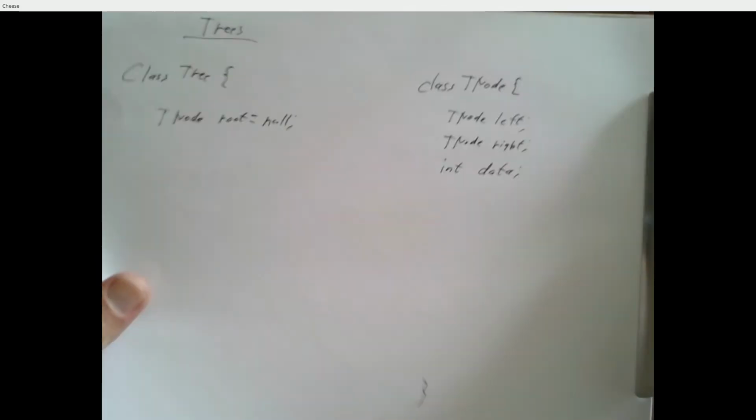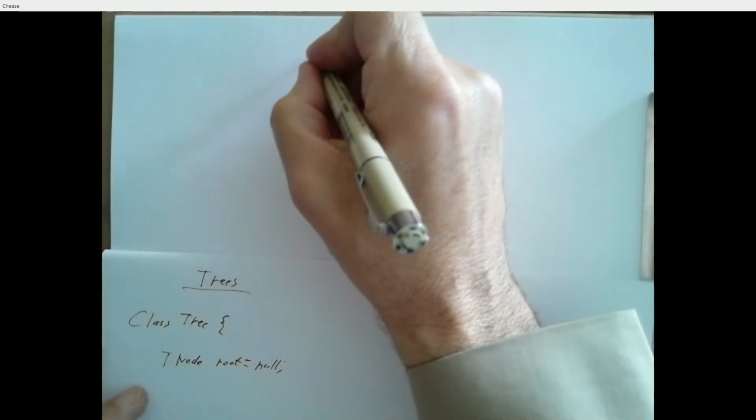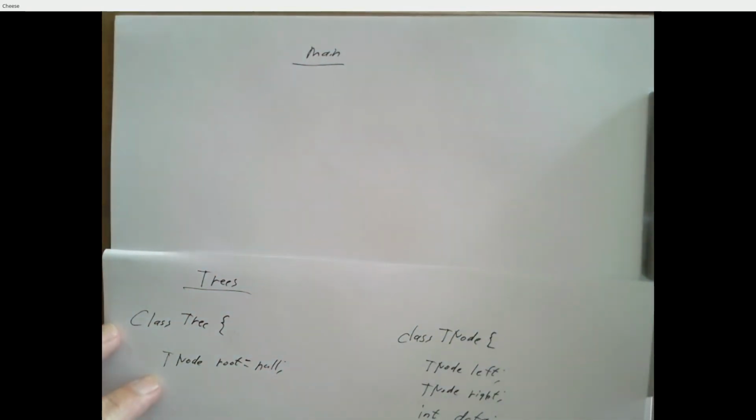And in our main program, what kinds of things would we like to do with a tree? Traverse. Add nodes. Remove nodes. What's the first thing? What are we going to do before we add nodes or traverse? Create it. Create a tree?